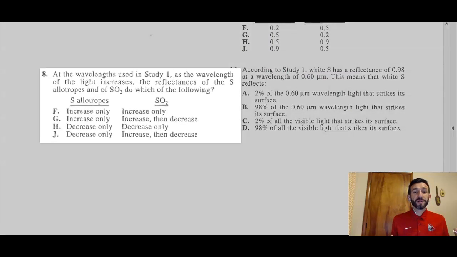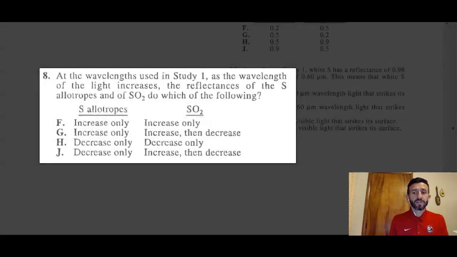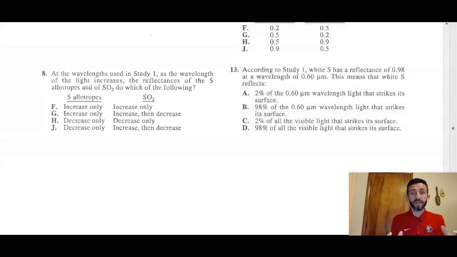So here's the first question of this passage. Number 8 says that in the wavelengths used in study 1, as the wavelength of the light increases, the reflectances of the S allotropes and of SO2 do which of the following? So hopefully you remember from the introduction that S means sulfur and allotropes means different forms.